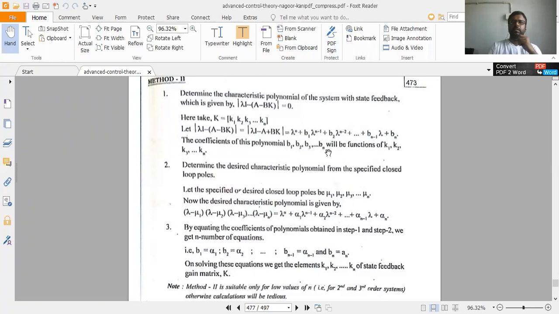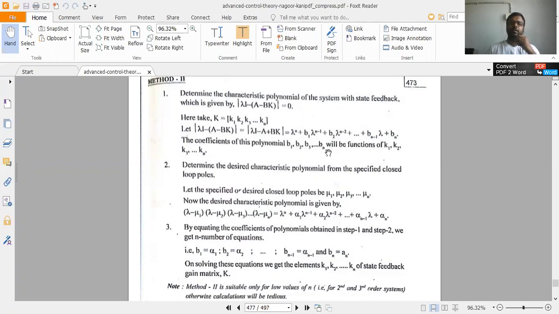After determining the characteristic equation with the expression lambda I minus A minus BK is equal to 0, we have to determine the closed loop poles. Let us suppose the closed loop poles are mu1, mu2, mu3 and so on up to mu(n). Therefore, the desired characteristic equation is the multiplication of the poles, equated to the characteristic equation we have obtained.